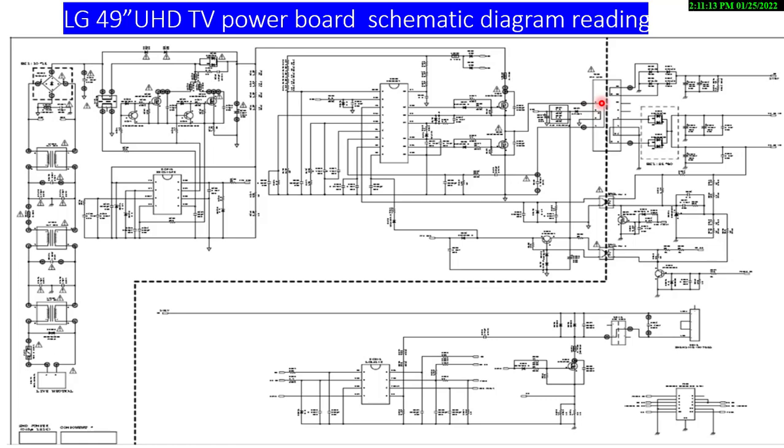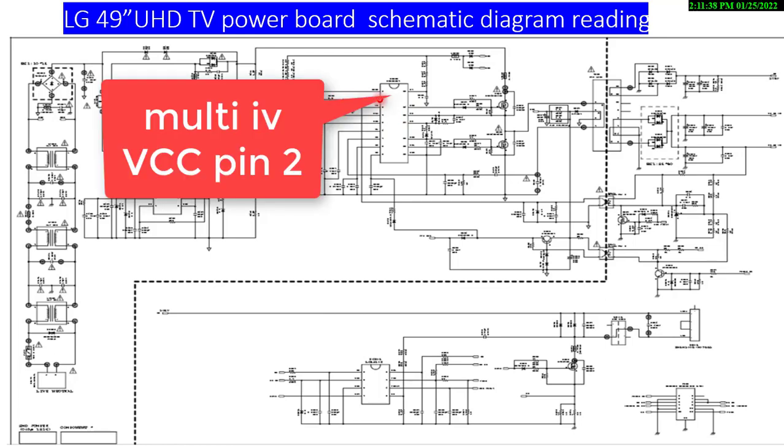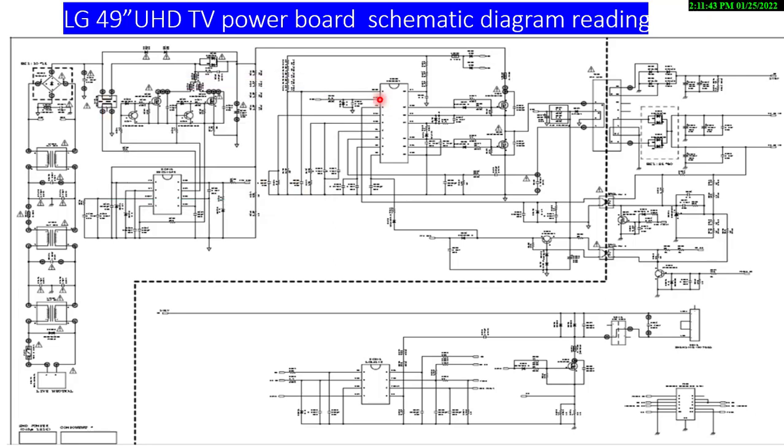By the help of magnetic flux, the frequency transfers from this coil to this one, and the frequency is rectified by the rectifier diode, filtered with the help of the capacitor here, and develops the VCC voltage for the multi-IC here, the multi-IC VCC voltage. So in this step our TV is in standby mode status.